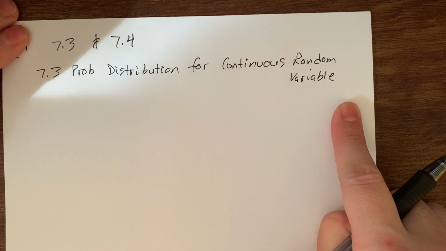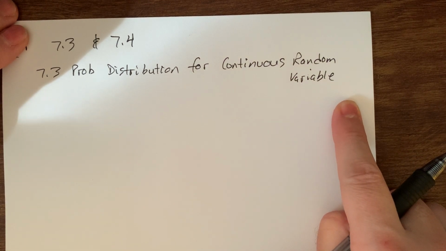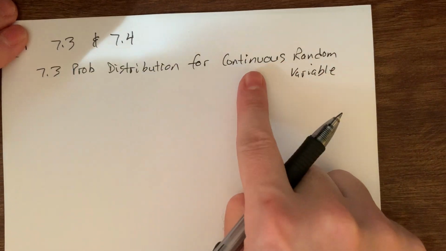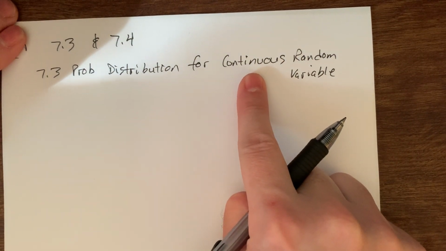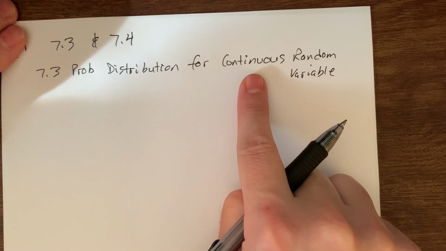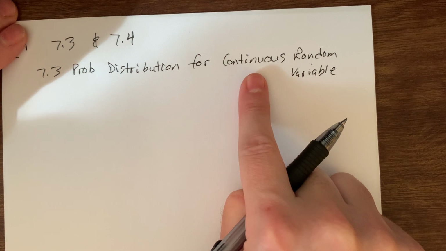When we only have so many whole number values, and when we make the distribution chart, we can literally list every single X value, every single possible answer that we could receive, and then give the probabilities for each. But when we have a continuous random variable, now when we start introducing the possibilities of fractions and decimals, there's just too many things to list.